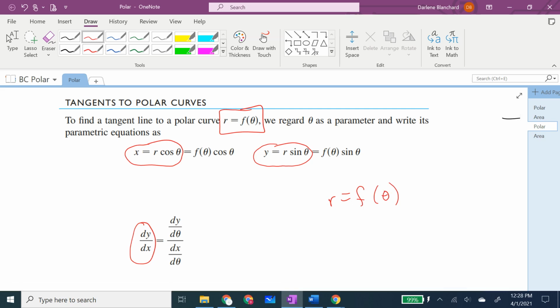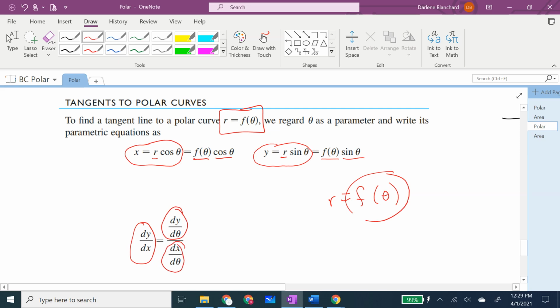So what you're going to have to do is use the fact that x is equal to r, which is this function, times the cosine of theta, and the fact that y is equal to r, this function, times the sine of theta. Then you're going to find dy/d theta and dx/d theta.